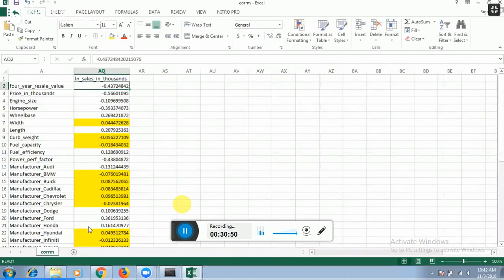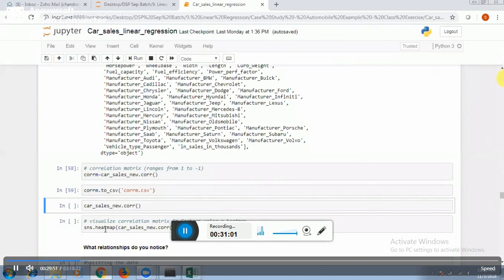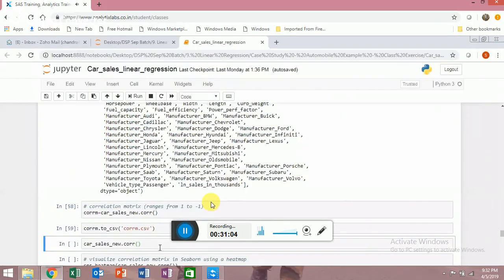Now tell me, if I want to define a user-defined function over here, for example, some variables have a very weak linear relationship. What shall we do? Either you can drop them or you can look at them.